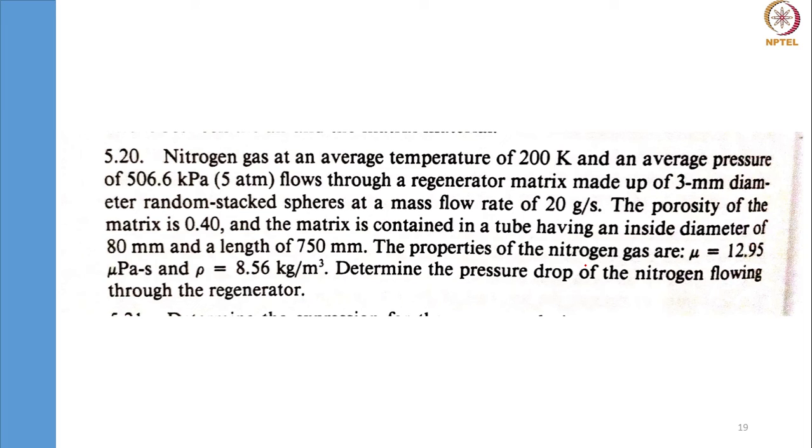The porosity is 0.4 and the tube ID is 80 mm with a length of 750 mm. The properties are all given for nitrogen at 200 Kelvin and 5 bar. We want to determine the pressure drop of the nitrogen flowing through the regenerator.